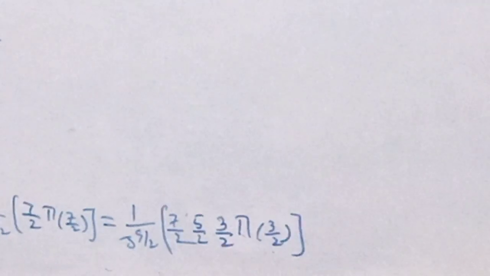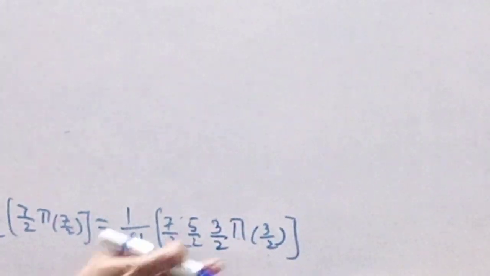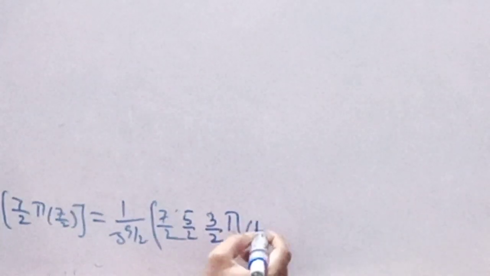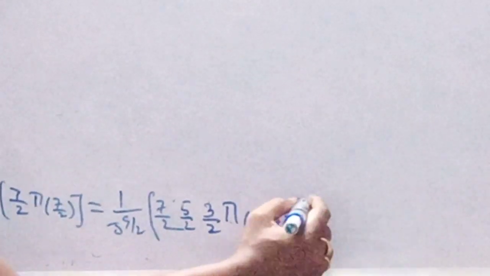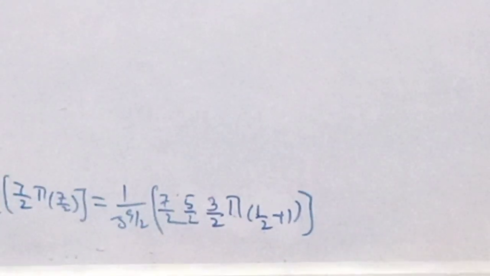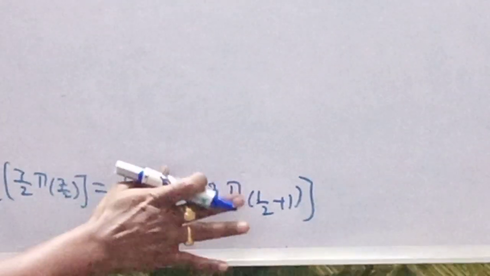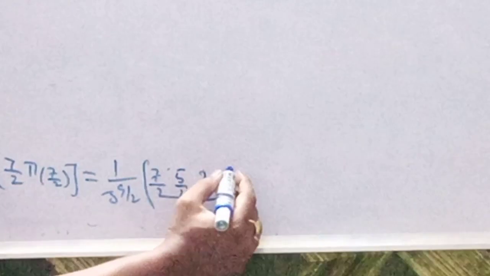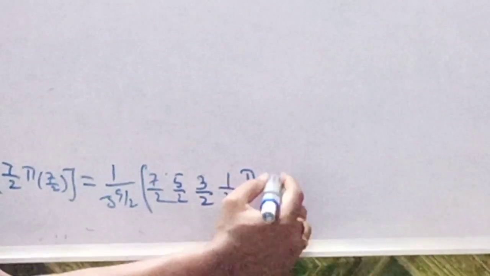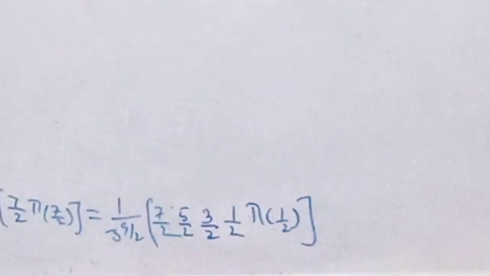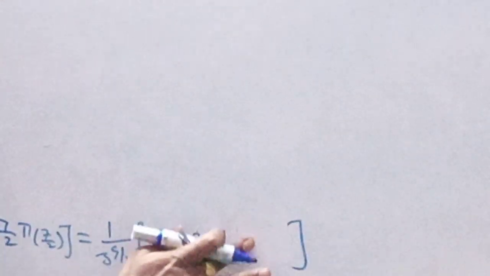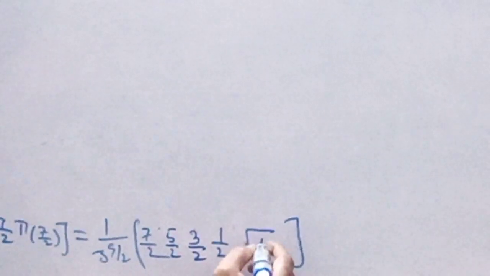Gamma of 3/2 can be written as 1/2 plus 1, so it is 1/2 into gamma of 1/2. As we know, gamma of 1/2 is root pi.